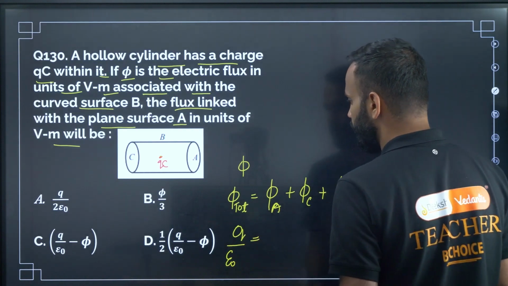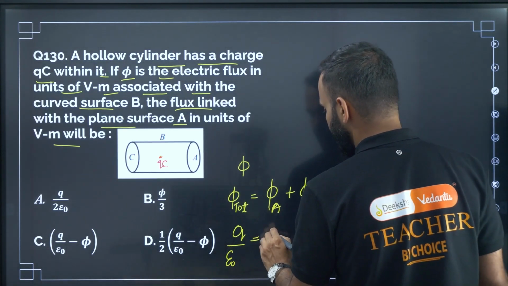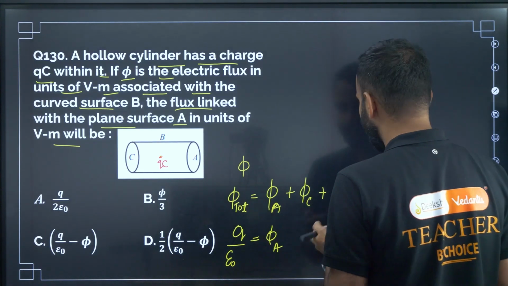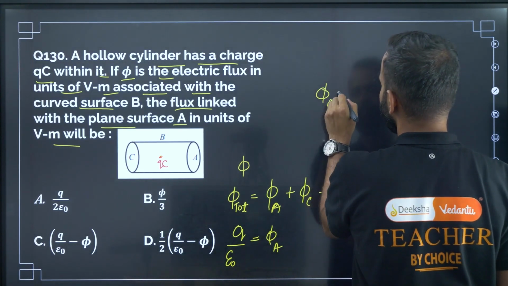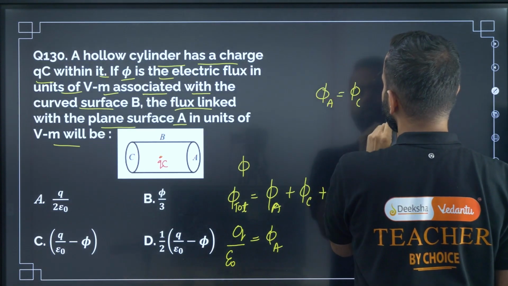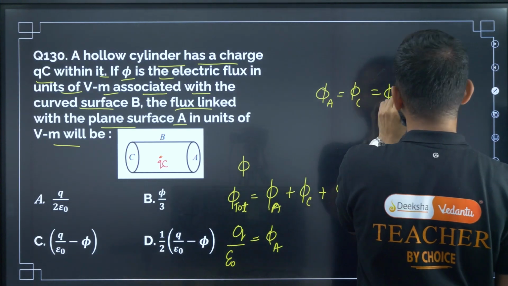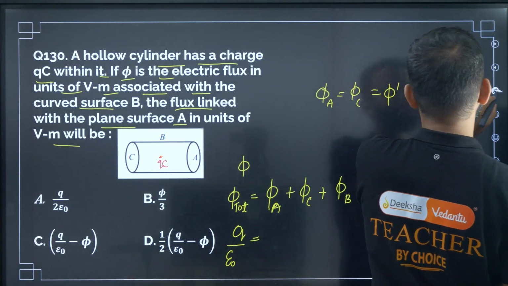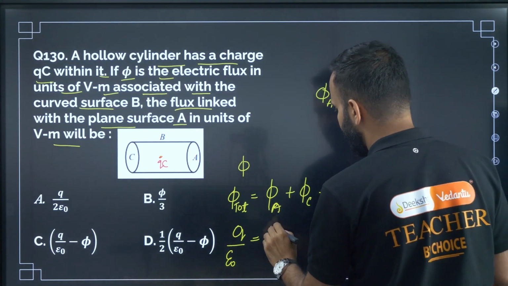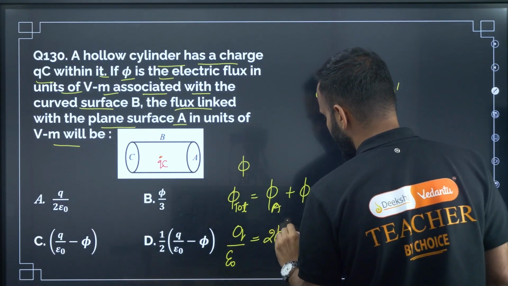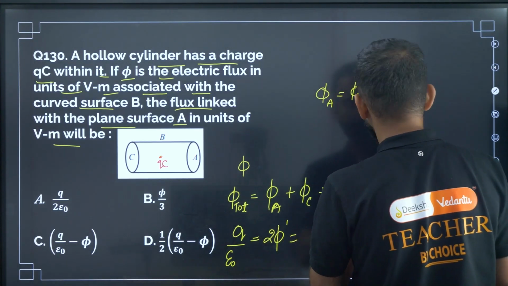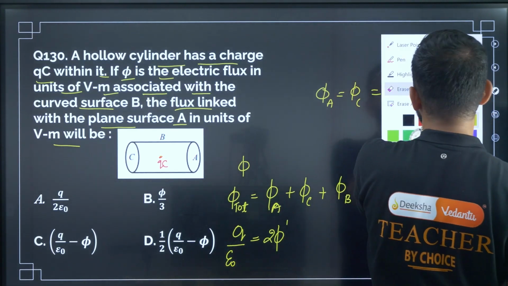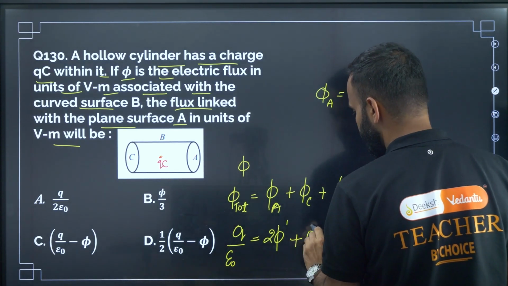Flux linked with A equals flux linked with C, which I can write as phi dash. So phi A plus phi C is 2 phi dash, and the total is 2 phi dash plus phi.